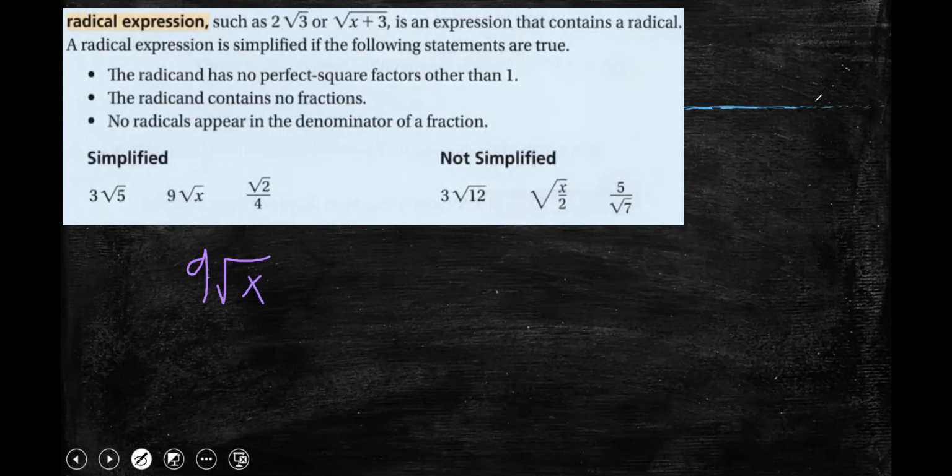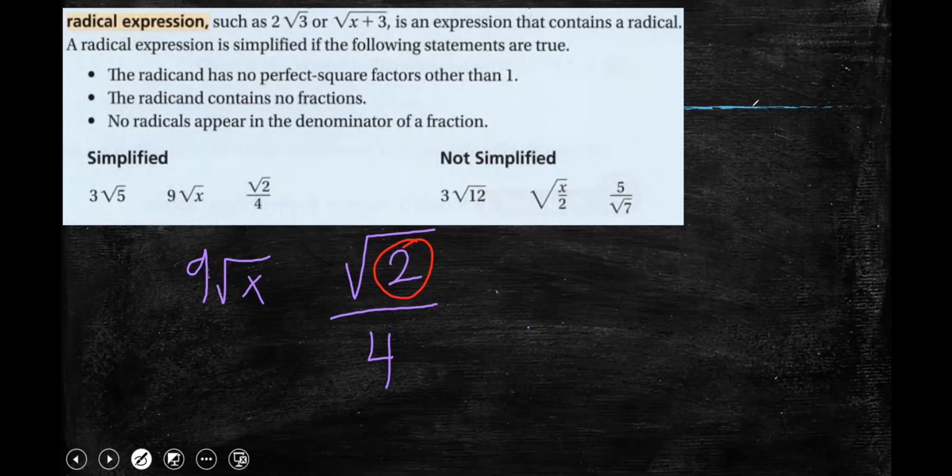Look at the third one now. Look at the number under the square root. Is it a perfect square number? Do you remember what a perfect square number is? Yes, it has two equal numbers that when you multiply them together give you that number.